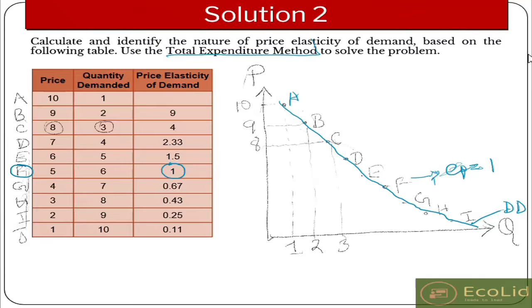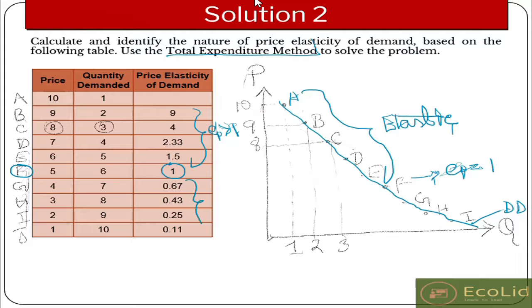Before that, look here, for all the points the value is greater than 1. So price elasticity value is greater than 1. So if it is greater than 1, that means it is elastic. So in this range, basically the demand curve is elastic. And for this range, what is happening?